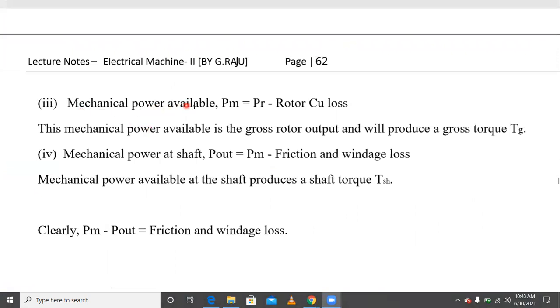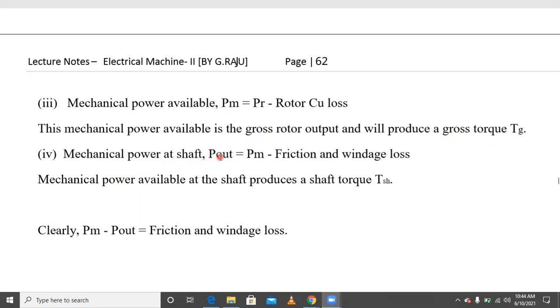The mechanical power available is the gross rotor output and will produce the gross torque TG.